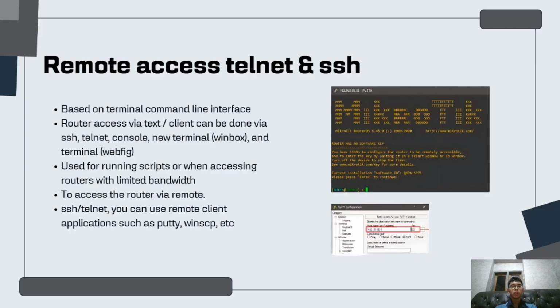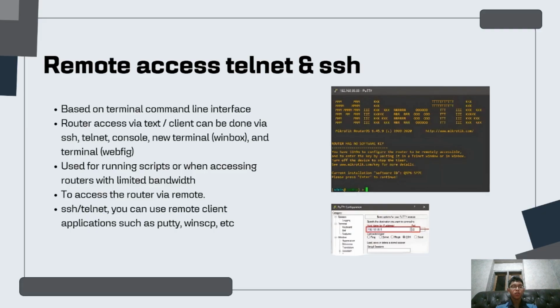Remote access, Telnet and SSH. Based on terminal command line interface, router access via text client can be done via SSH, Telnet, console, or New Terminal in Winbox and terminal in Webfig. Used for running scripts or when accessing the router with limited bandwidth.